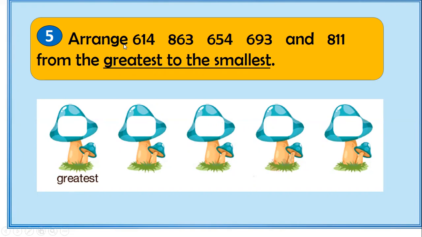So let us compare the digits on the hundreds place. So this is 6, 8, 6, 6, and 8. All right, so 8 is bigger than 6. So between these two numbers, the greater number is 6 and 1.